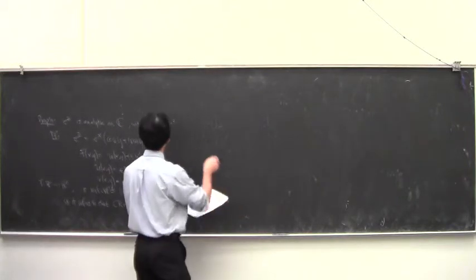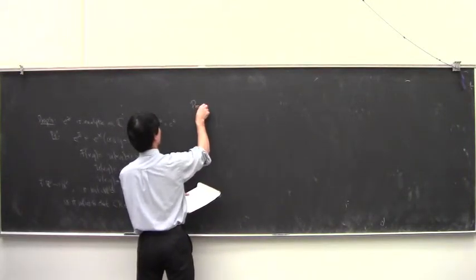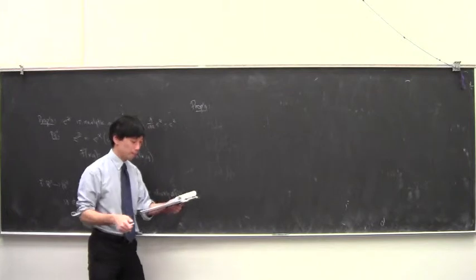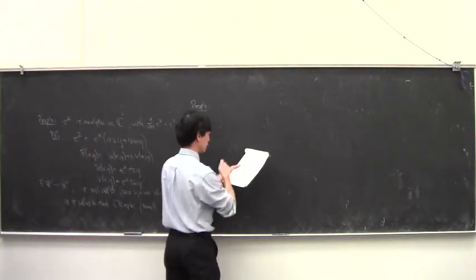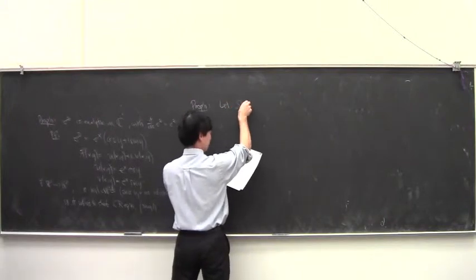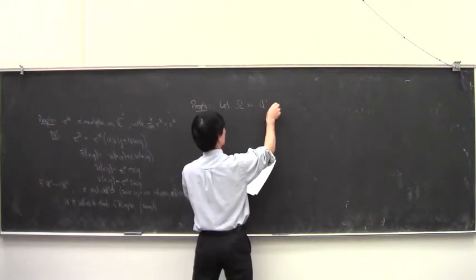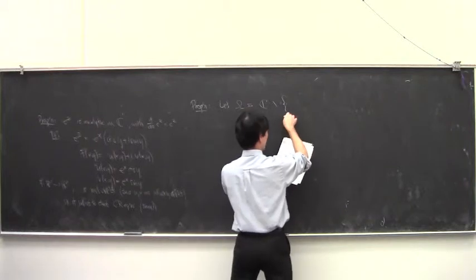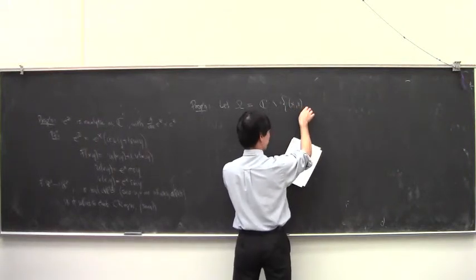Along the same lines, let's talk about the principal log. Let omega be C excluding the negative real axis.